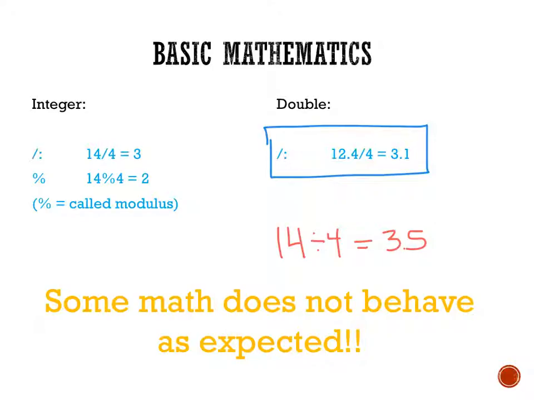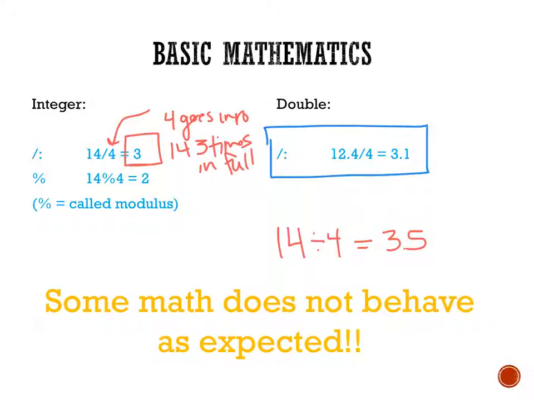What value it's going to give you is it's going to tell you how many times 4 goes into 14 evenly. So what this 3 represents is that 4 goes into 14 3 times in full. So when you perform division on integer values, it will tell you how many times that number goes into that second number.